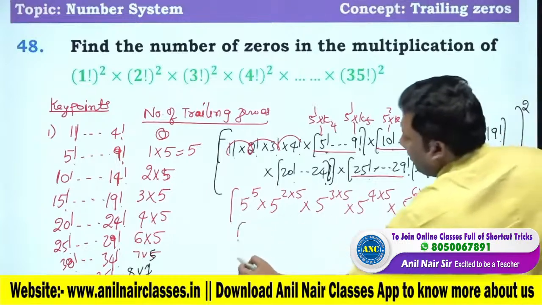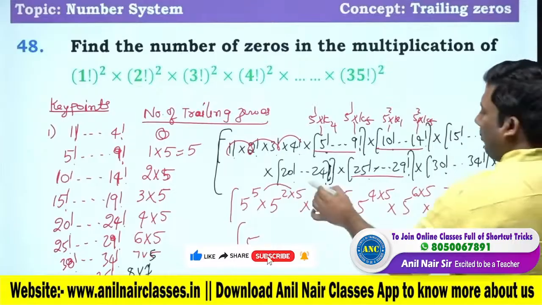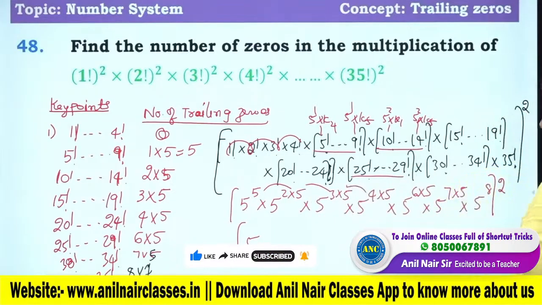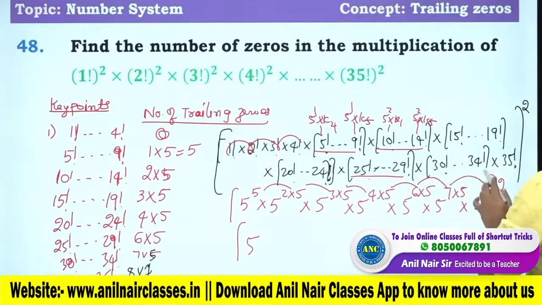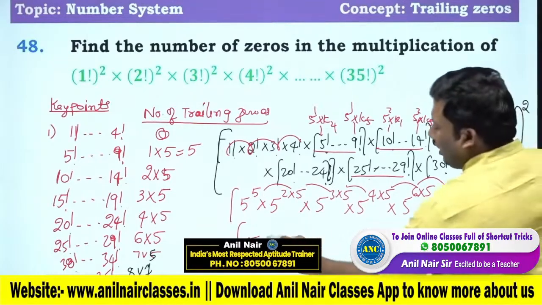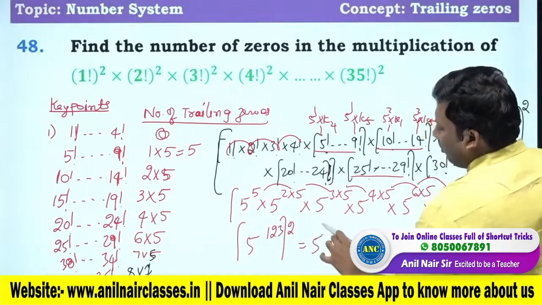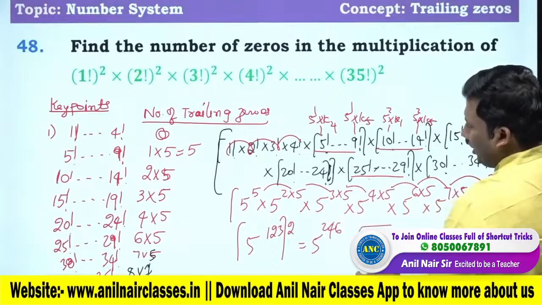So this will be 5 power 10 plus 5, 15; 15 plus 15, 30; 30 plus 20, 50; 50 plus 30, 80; 80 plus 35, 115; 115 plus 8, 123. 5 power 123, whole square, is 5 power 246. The answer will be 246.